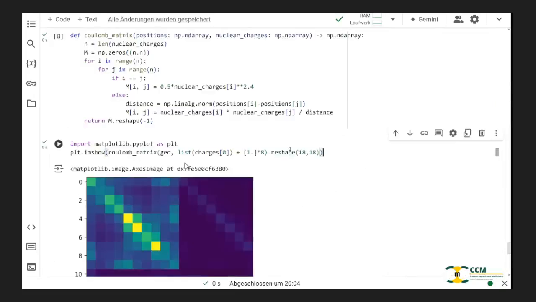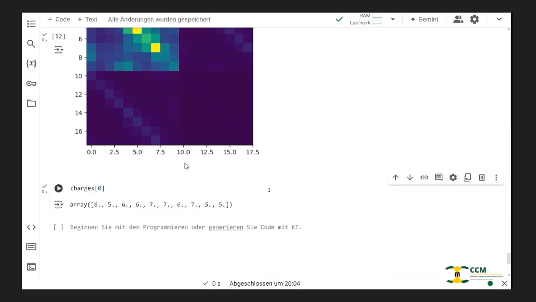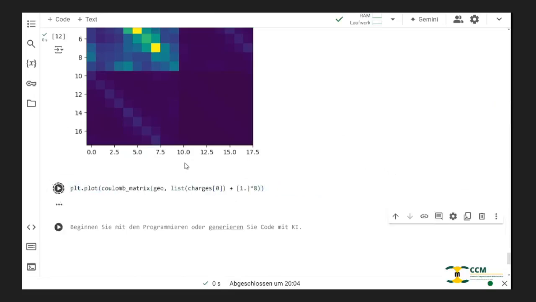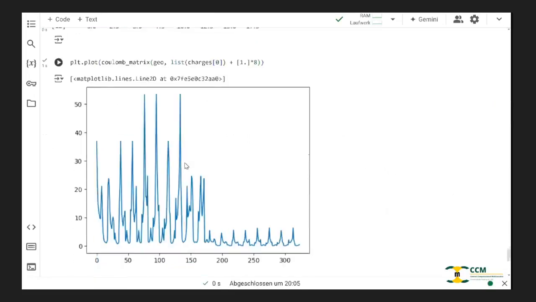Maybe we can also look at this in a different manner if I don't reshape this. This is now plotting the vector. So on the x-axis, you have the components. What you see on the y-axis is the corresponding number value. It's the Coulomb matrix brought down to a single vector.